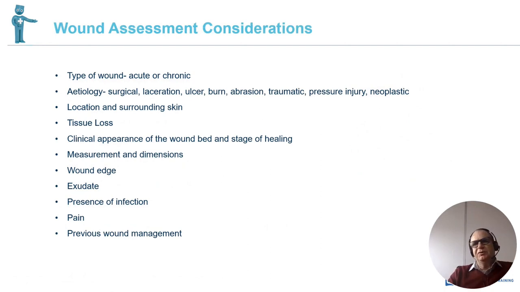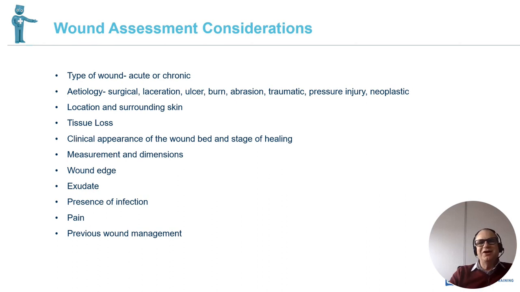Looking at what type of wound we have, the etiology of the wound: is it a venous leg ulcer, is it a surgical wound, etc. That will give us the idea of what type of best practice guidelines we need to implement, making sure that we look at what the wound is telling us by looking at the wound bed, the edges, and the peri-wound skin.